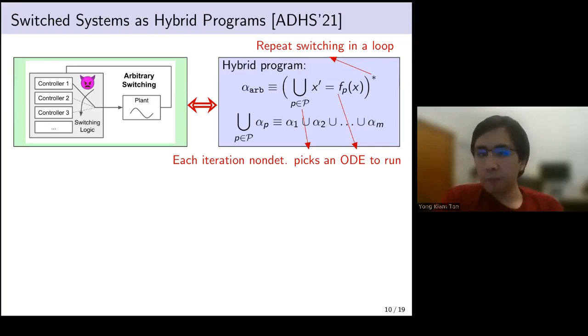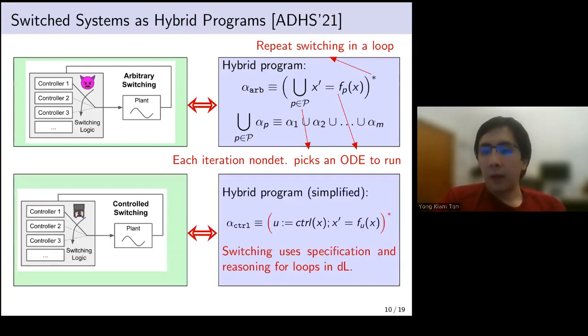Okay. Now for a controlled switching model, or some other controlled switching mechanism, we can similarly model it using a switching loop as follows. Again, we have a big switching loop over here, and in each loop iteration, we start by running a modeled controlled switching mechanism, which picks a mode u, and then the plant just responds by following the given mode u for some duration.